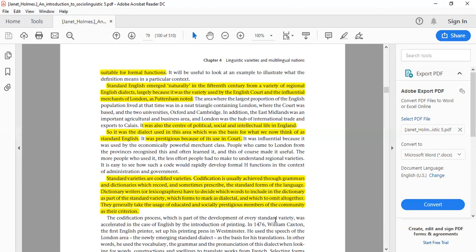However, it is not necessary that the language of the majority always becomes the standard language. It may also depend on political and social factors. This is the social factor, if the language is the language of the majority. However, if it is not, then there are certain political means through which a language is codified and becomes a standard language.